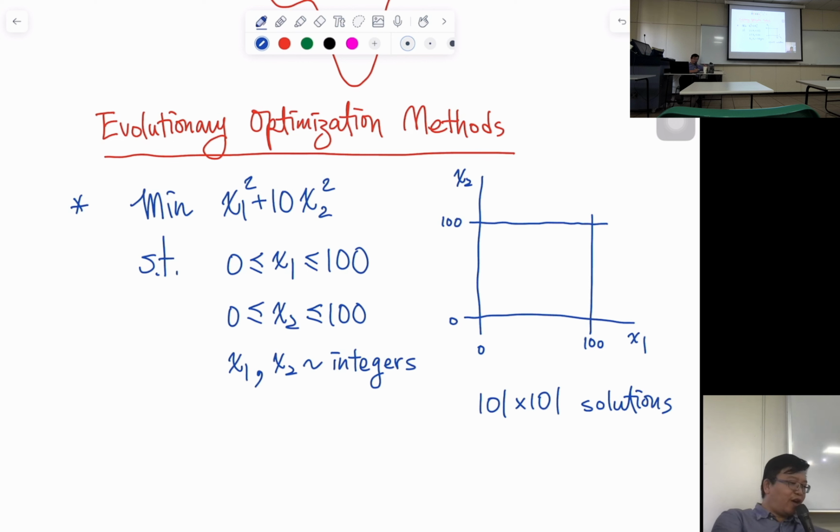Later on, I will formulate this into a certain way. So the number of all the possible solutions is quite large. So if you want to examine every one of them, it takes a lot of time. So in this case, it's not yet a super large problem.